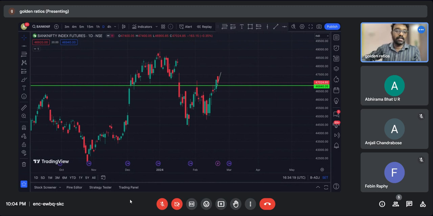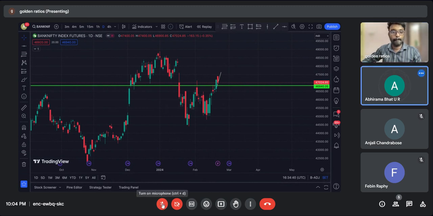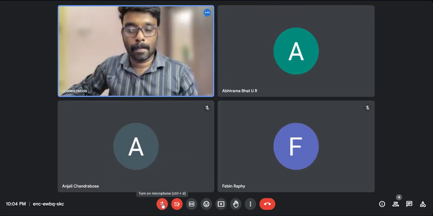That charting, you can go to Google and simply type Go Charting. So everyone, it's visible? No, sorry, I need to share this screen. It is visible.